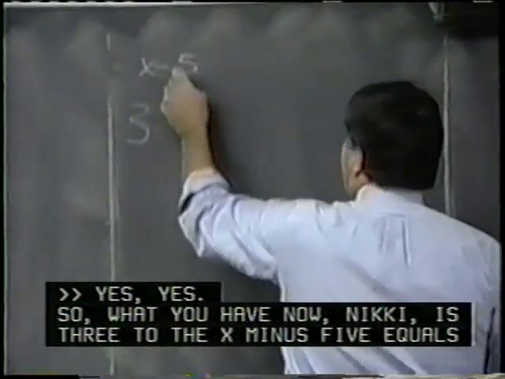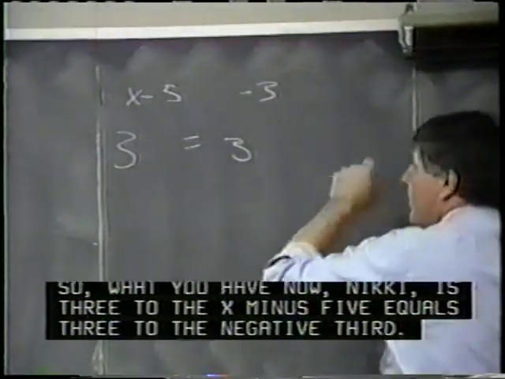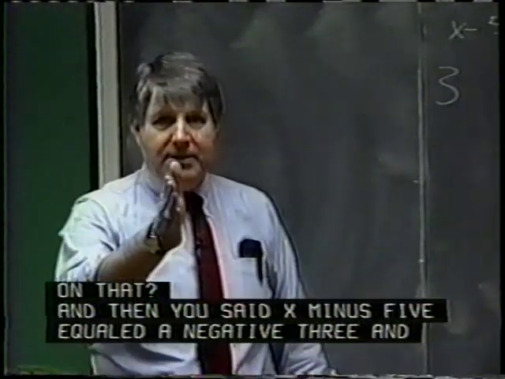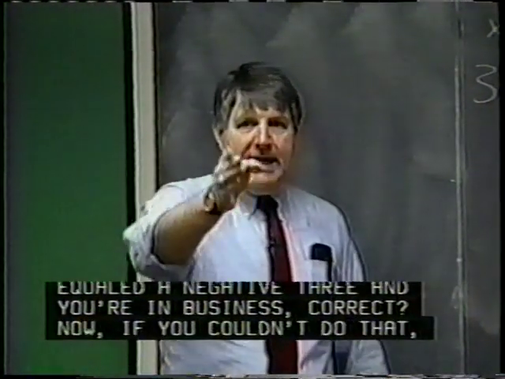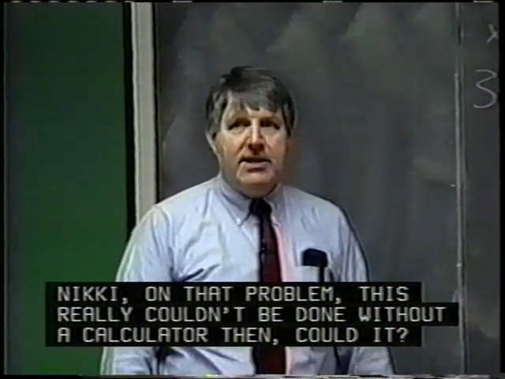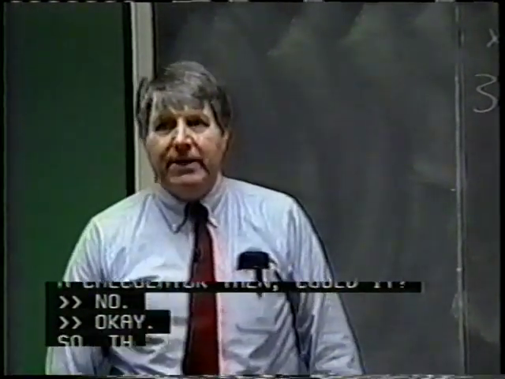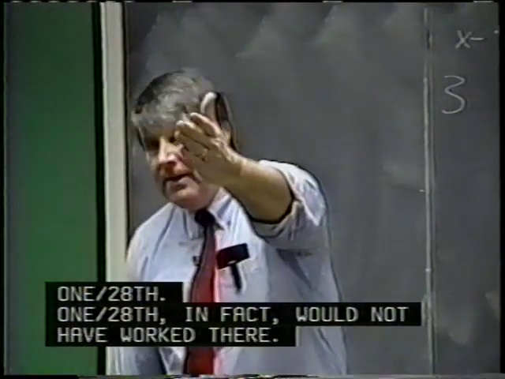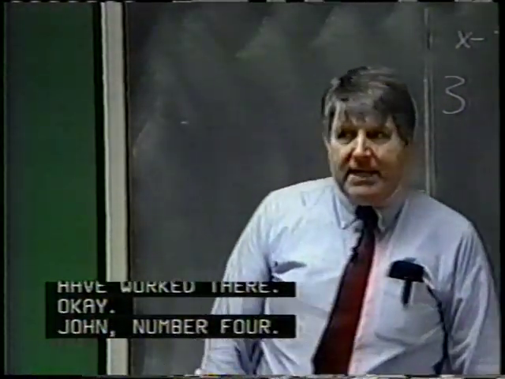So what you have now, Nikki, is 3 to the x minus 5 equals 3 to the negative third. Did I hear you correctly on that? And then you set x minus 5 equal to negative 3 and you're in business, correct? Now, if you couldn't do that, this really couldn't be done without a calculator, could it? Okay, so the key is that I had a 1/27th over there, not a 1/28. 1/28, in fact, would not have worked there. Okay, John, number 4. What was the key in number 4?